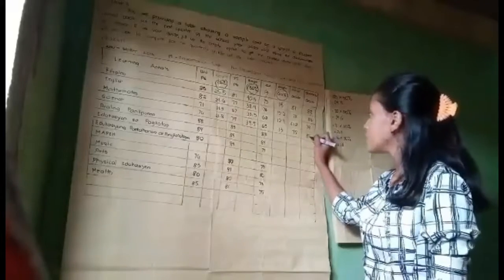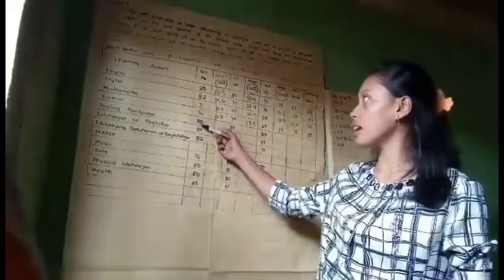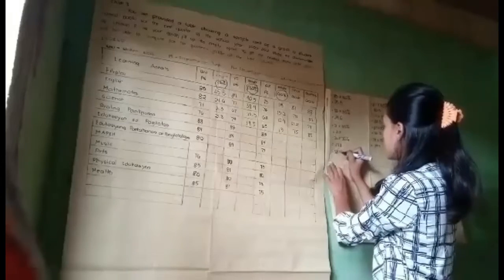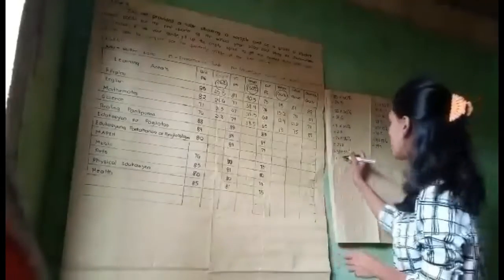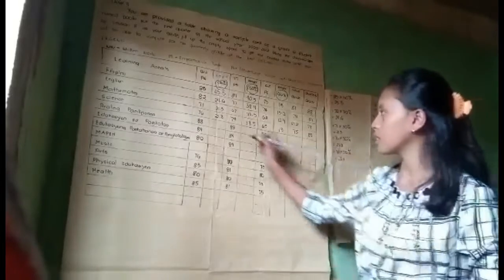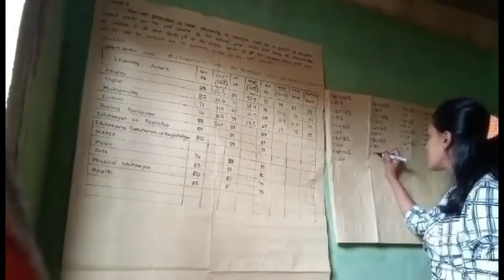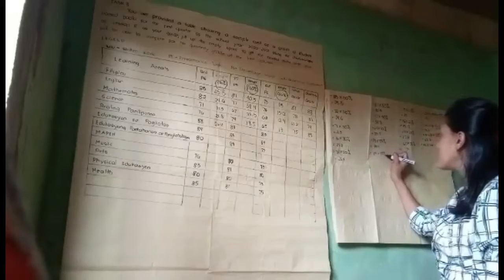Next is Araling Panlipunan, 88 times 30% is 26.4. Then 83 times 50% is 41.5.